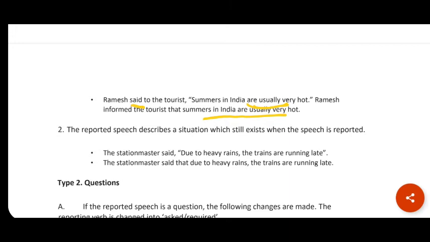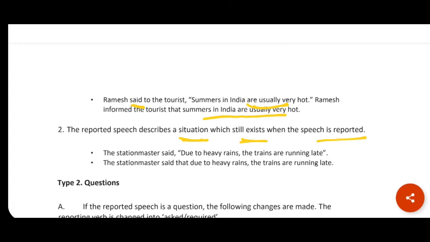Now next, the reported speech describes a situation which still exists when the speech is reported. So if, when the speech is reported, the situation still exists at that time, then also the tense of the reported speech doesn't change.